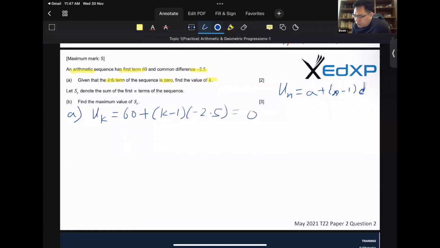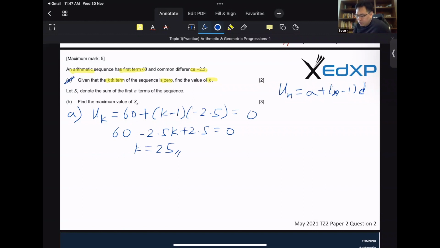Okay, we can solve this. So we have 60 minus 2.5k plus 2.5 equals 0. And using your calculator, we can get k is equal to 25. Okay, so the 25th term is 0.